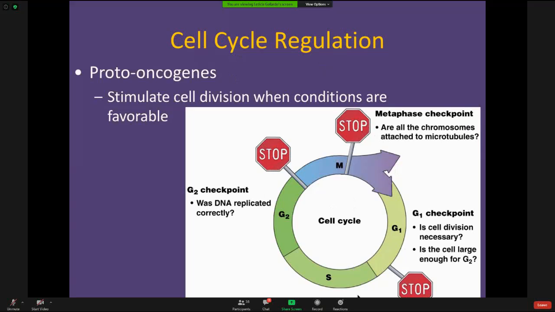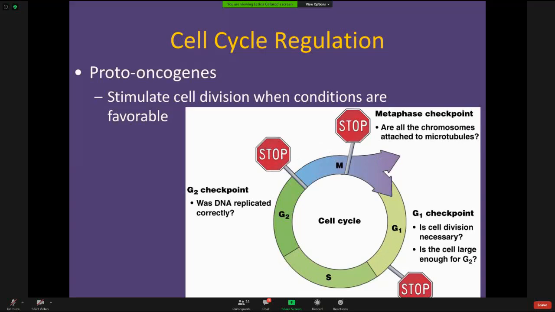So before a cell divides, or after a cell has divided and is growing, the cell has a moment of what I call cell reflection, where the cell self-assesses. Am I mutated? Have I been infected by a virus? Is there something wrong in my cell? I might want to consider not replicating if I'm infected.